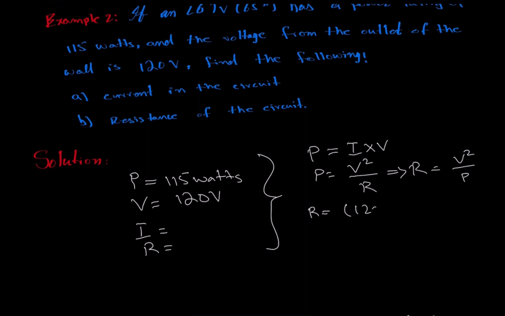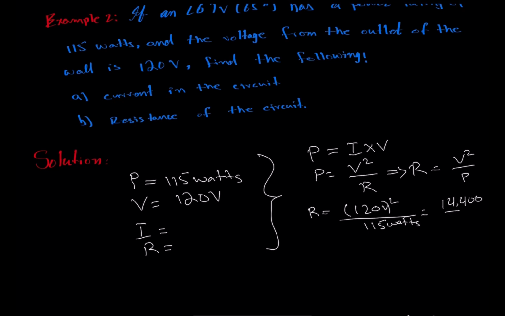It's 120 volts squared over P, which was 115 watts. 120 squared is 14,400.